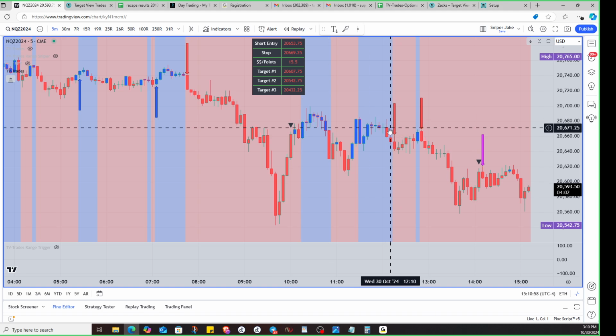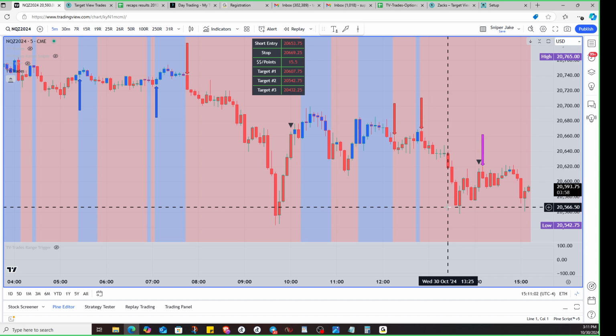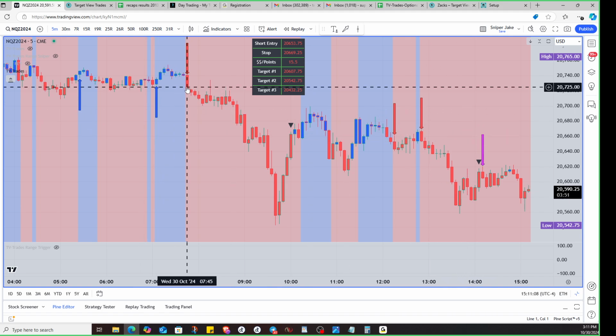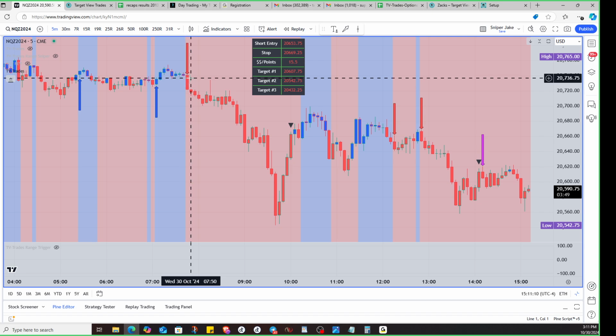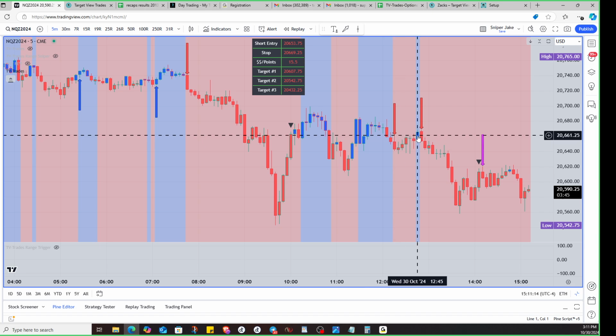Most of the time, you're going to get notification ahead of time that you're going to get that arrow. All right, not all the time, but most of the time. Like this one right here, didn't give you a notification. This one did right here. This one did. This one here, you didn't get any notification on this one.